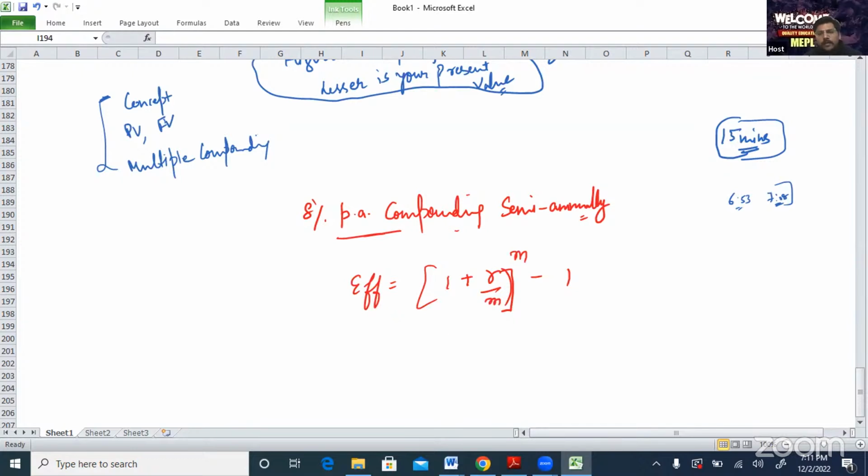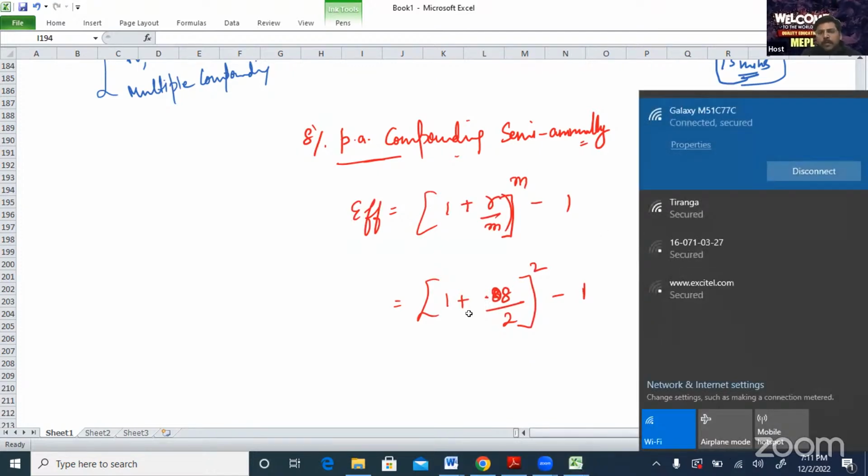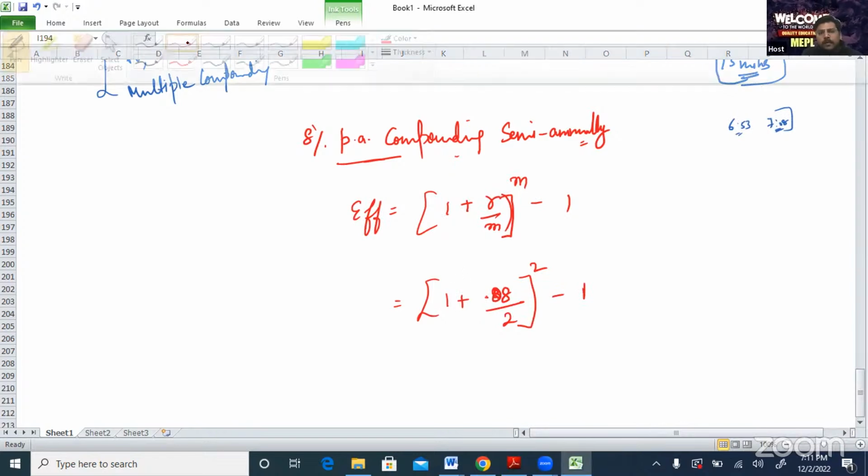I am talking about this case only: this is 8%, so 0.08, divided by the compounding, which is semi-annually, so 2. Then minus 1.